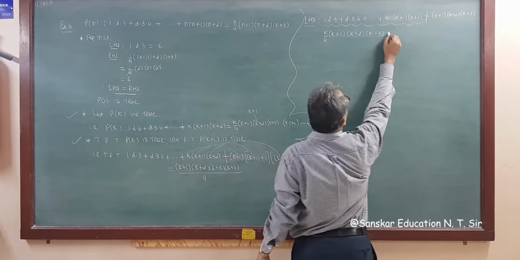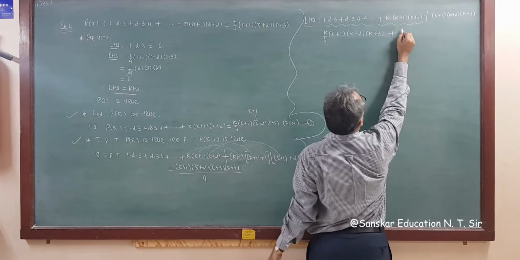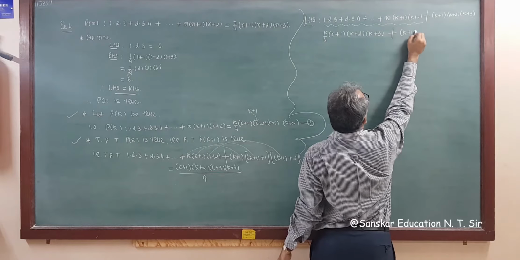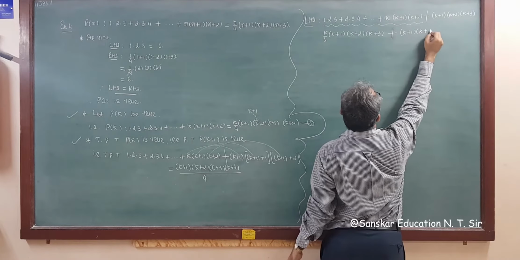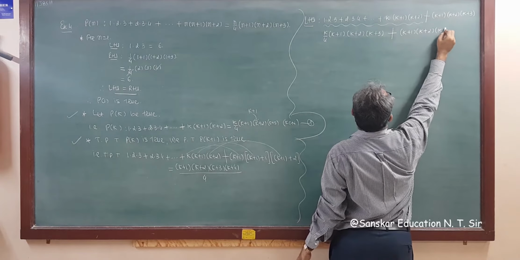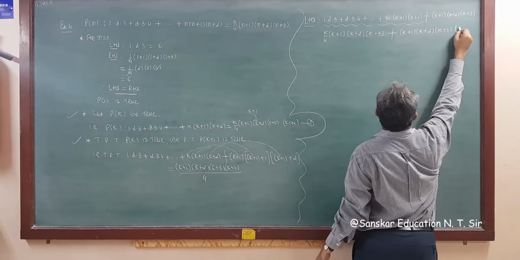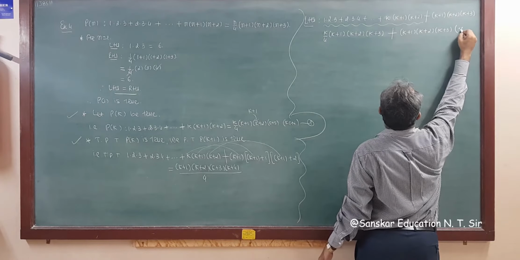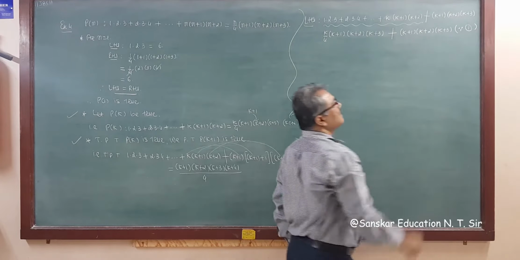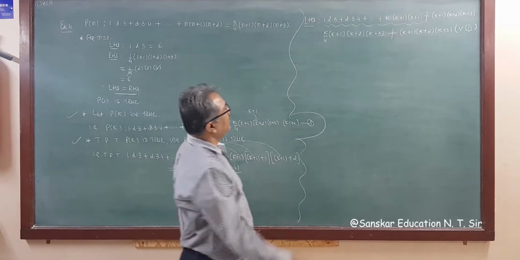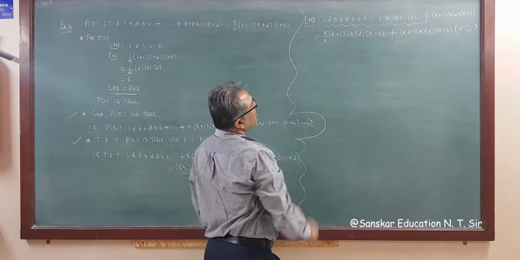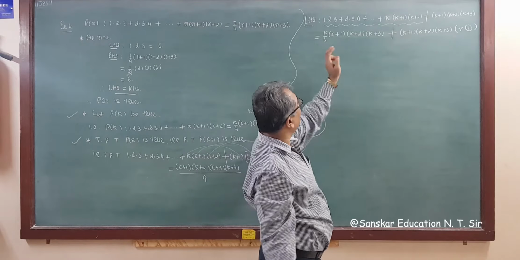Now plus, so this is plus k plus 1, k plus 2, k plus 3. Why this? This is due to result number 1. So now taking LCM, what do we get?